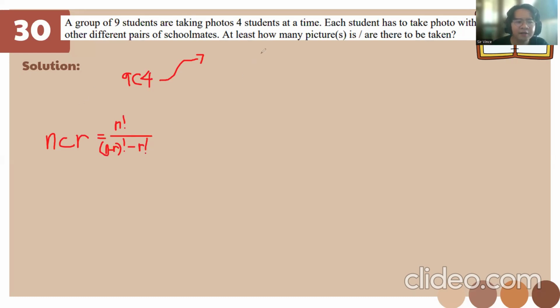So we have here 9 on top, over 9 minus 4 factorial, times r factorial. R is 4. Then it's going to be like this: 9 factorial over 5 factorial, no, it's not minus. I'm sorry. It's multiply.